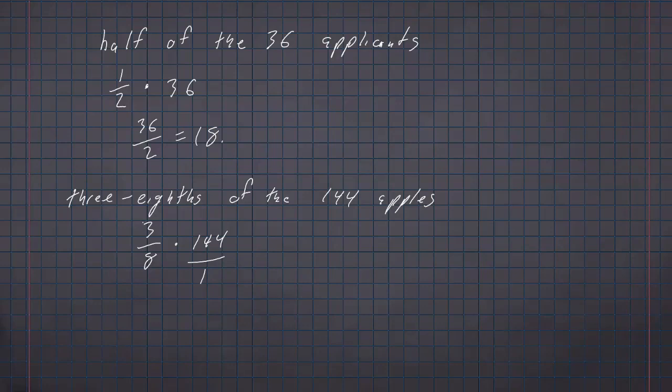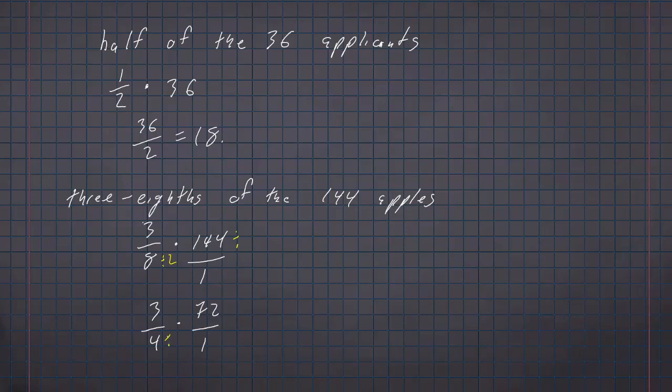Using our reducing trick, I see pretty quickly that 8 and 144 are divisible by a couple of things. I wrote down 4, but I don't really want to figure out what 144 divided by 4 is. So let's divide by 2 first of all, and get 3 over 4 times 72 over 1.